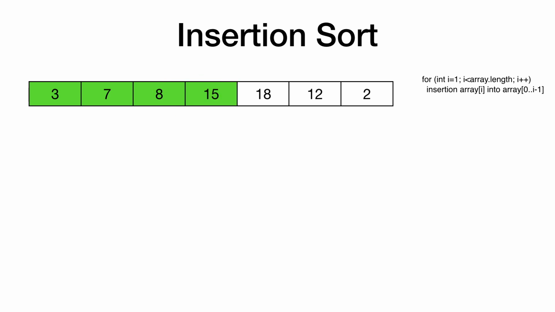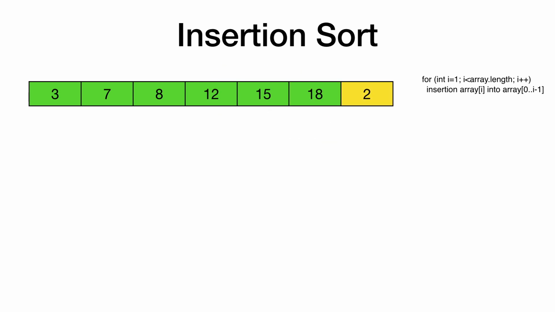Same thing with 18, which is already in place, so we really don't have to do anything. And then 12, we know it needs to go here, which means 15 needs to go there, and 18 needs to be moved.